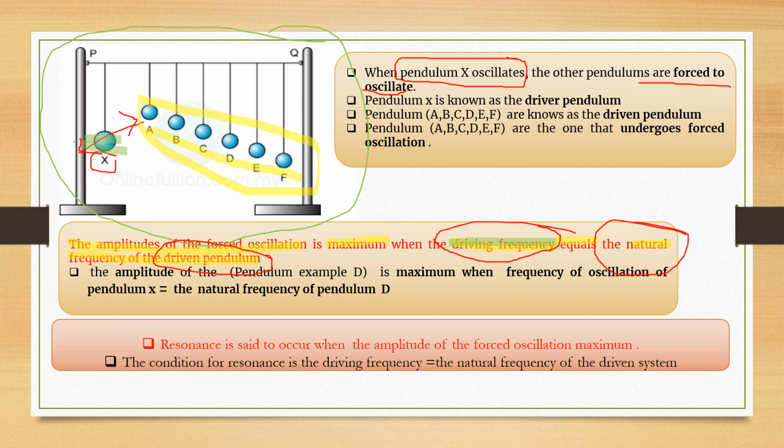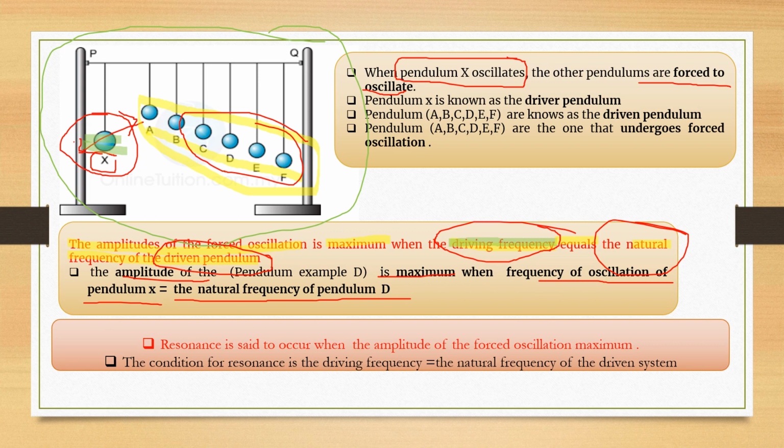If the frequency of X is the same as the frequency of any of these pendulums, then that particular pendulum will vibrate at a maximum amplitude. So in other words, the amplitude of pendulum D is maximum when the frequency of oscillation of pendulum X equals the natural frequency of pendulum D.